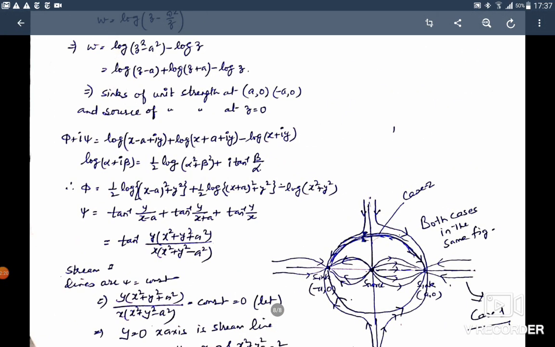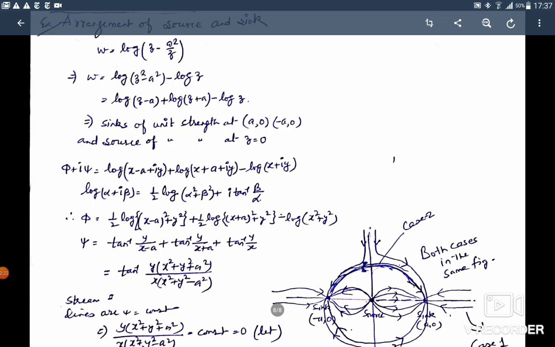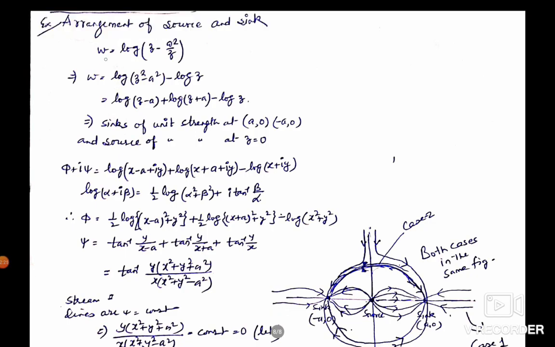You can see a very simple example here. Suppose this type of W is given. W is equal to log z minus a square upon z. Actually, you may be given two types of questions. In one question, W is given and you have to recognize what type of sources, sinks or doublets are involved.